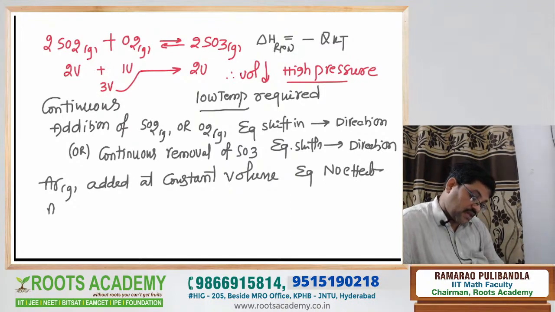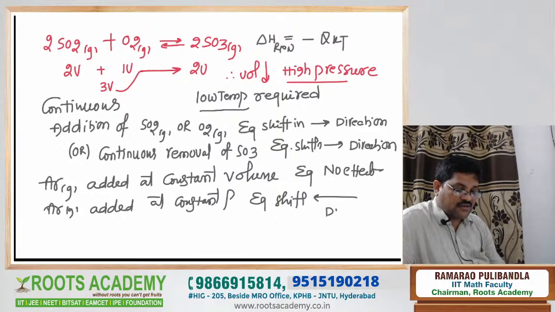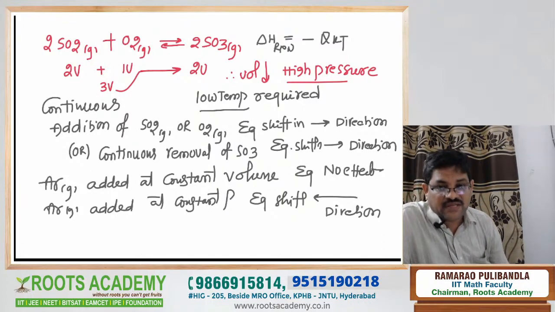But when argon gas is added at constant pressure, the equilibrium shifts in the backward direction. Why does the equilibrium shift in the backward direction? Because in the backward direction, the number of moles of gases increases.